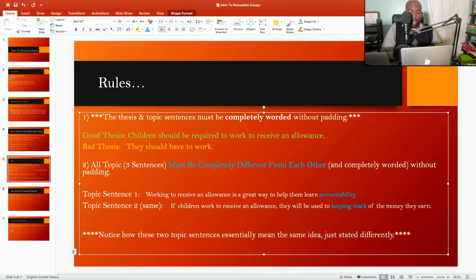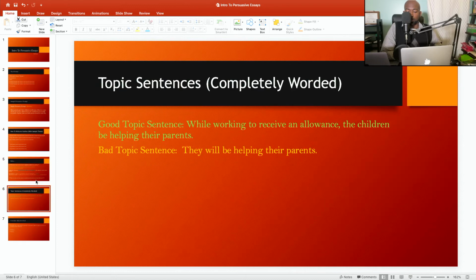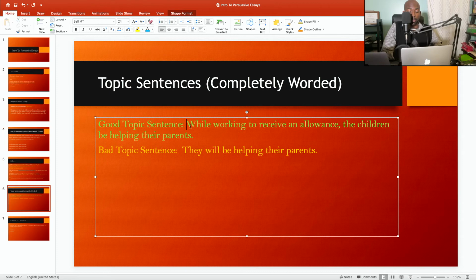Okay? Now, the second rule pertaining to topic sentences specifically is the same as the rule pertaining to the thesis statement, which is that they have to be completely worded. Topic sentences can be written poorly as well if all the words necessary to say the idea are not included. So it says, while working to receive an allowance, the children will be helping their parents.